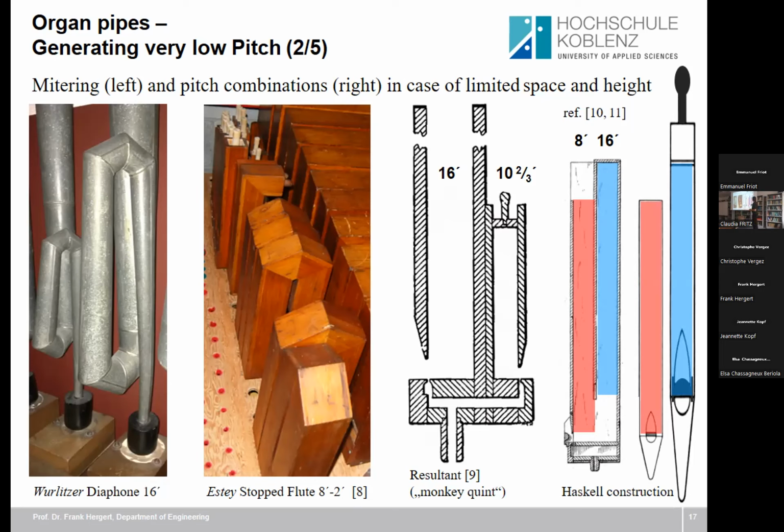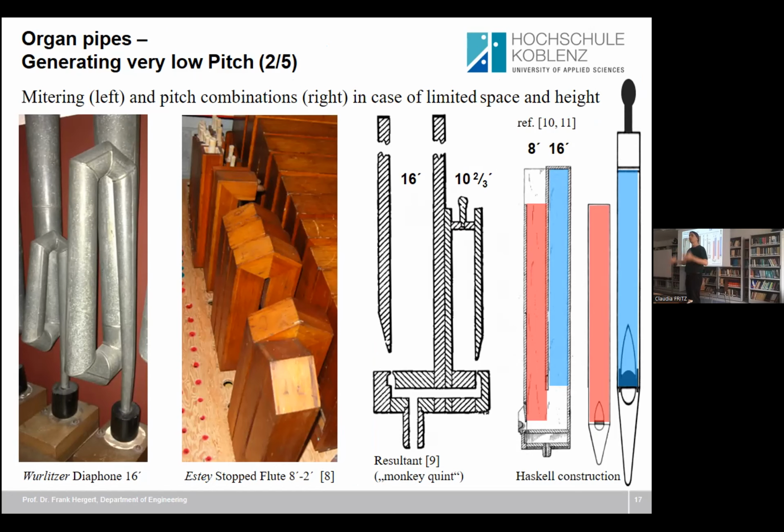And here is a construction where we combine a stopped section with an open section. So these were the 2 corresponding pipes. This is called Haskell construction, and it also amplifies the impression of the blue of the stopped pipe, because the 2 spectra overlap, and you have the impression that you have a full-length open 16-foot flute, not a stopped one.